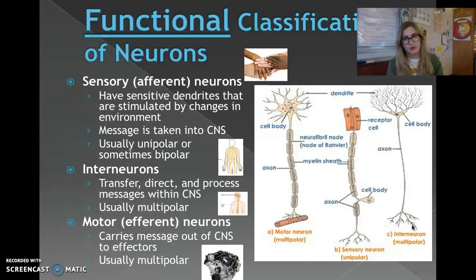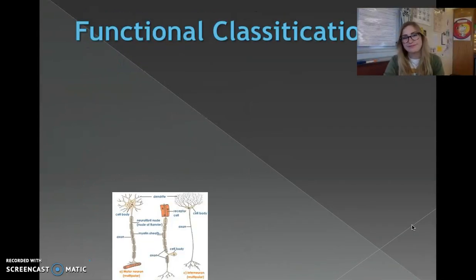That sensory neuron, which is normally unipolar or bipolar, goes all the way up to my central nervous system. My central nervous system either determines that the plate is too hot or not very hot at all, and that they were just being overly cautious. And then the output is going back to my hand so that I can either move my hand away as fast as possible or tap it a couple more times to make sure I'm right.